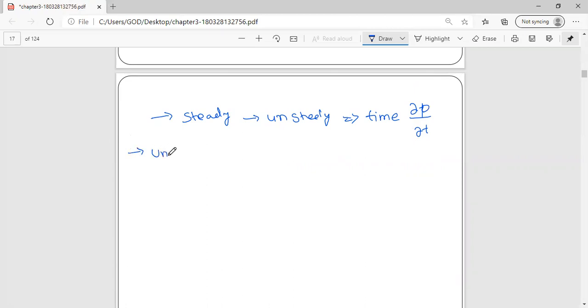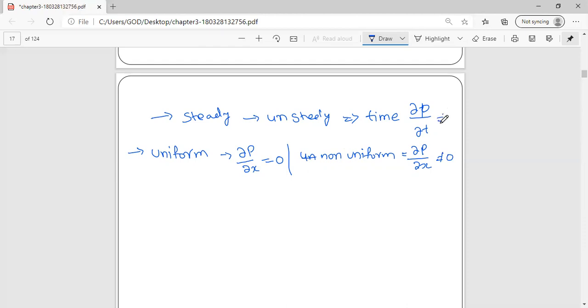Next, uniform flow. And another flow is there, non-uniform flow. First, I'll write this. The change of pressure with reference to point, any point, is equal to zero. But if you write non-uniform flow, the change of pressure with reference to space is not equal to zero.